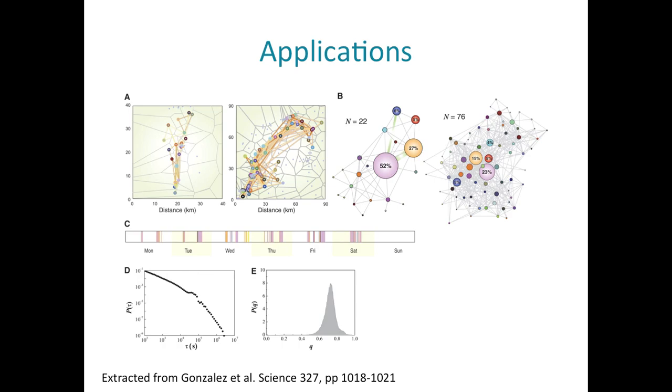Or, for example, not only social media, but this is showing another example from a science paper that used cell phone data, the data that I mentioned before, based on cellular towers, on how individuals move based on the location of the cellular towers that they used. And so, for example, in this paper they used this cell phone data and they showed that generally people travel smaller distances and that they tended to spend most of the time in just two locations, which tend to be associated with home and work.